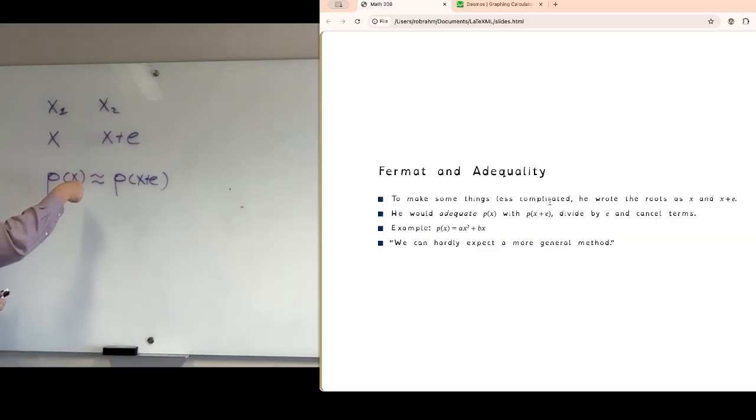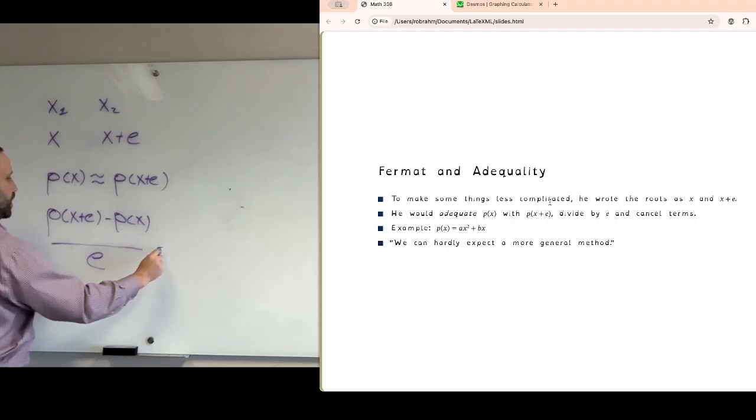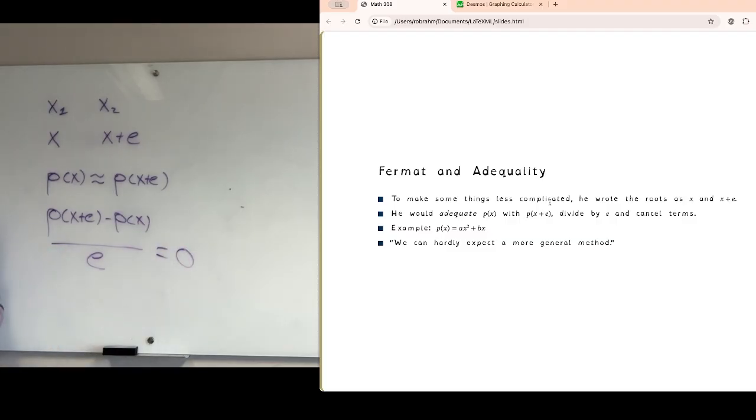They're not equal, they're adequated to p of x plus e, and we're going to subtract and then divide by e, so we're going to end up with something like p of x plus e minus p of x over e is equal to 0. And then again, what we're doing conceptually is letting e go to 0. So again, this is a difference quotient. He doesn't talk in terms of letting e go to 0. He just says we're going to do whatever, e is not equal to 0.